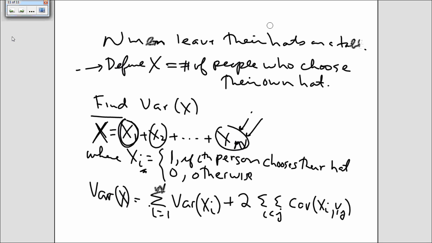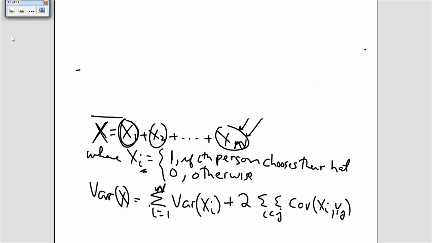So we have the formula in the very last line that we want to use.